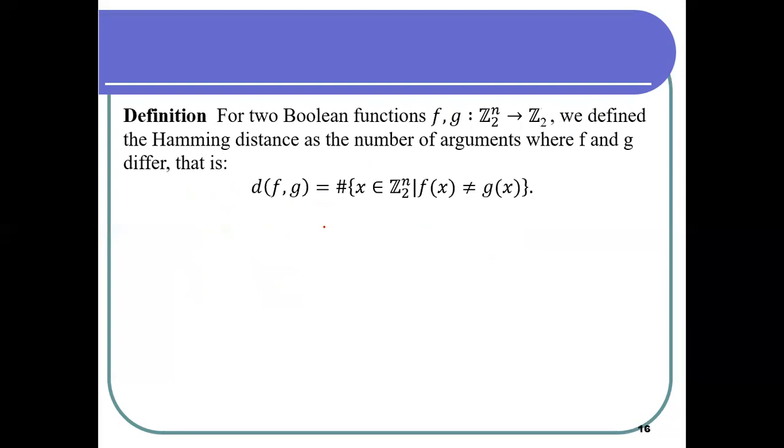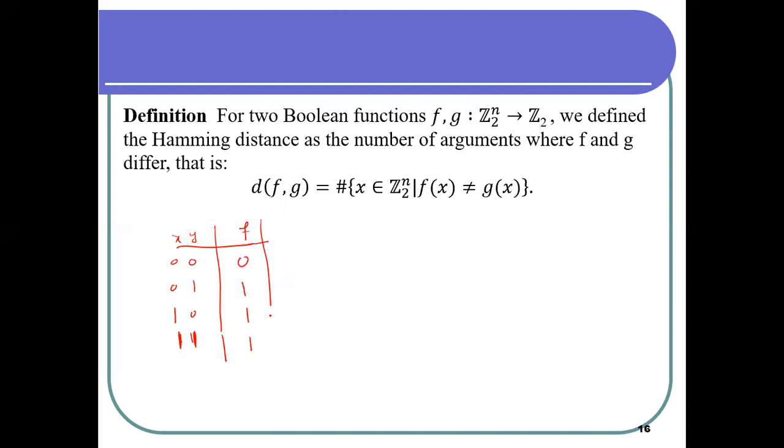Another concept is Hamming distance. Distance is always between two functions, or more than two functions. So if I take x and y, with inputs 0 0, 0 1, 1 0 and 1 1, this is my f, which is 0, 1, 1, 1.